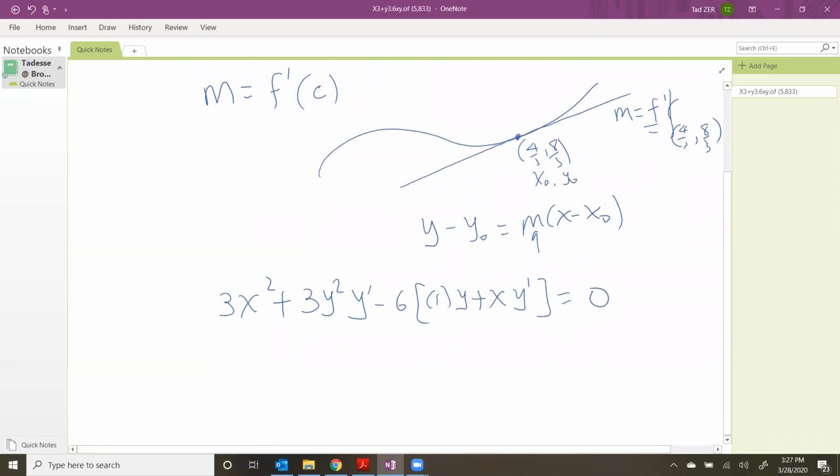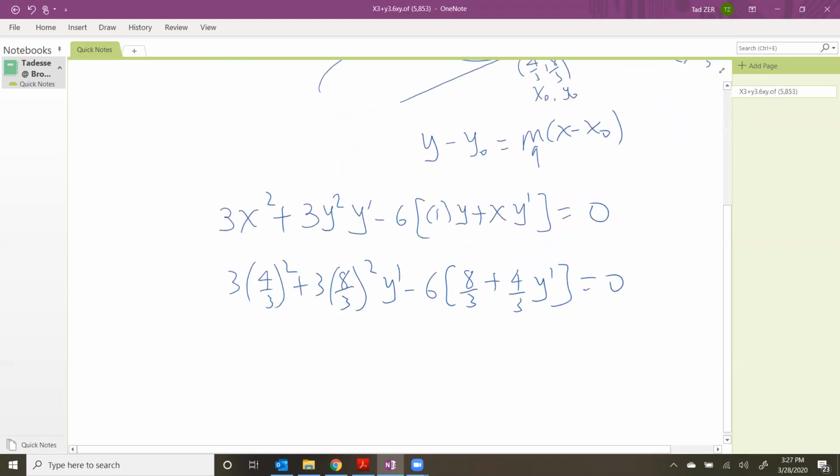So I have everything. Now either I can solve for y prime and then plug in the given values of x and y, or you can directly plug in the given numbers. So this will give me what? 3 times x is 4/3 squared plus 3 times 8/3 squared y prime minus 6 times y is 8/3 plus x is 4/3 y prime. Now I have to solve for y prime.